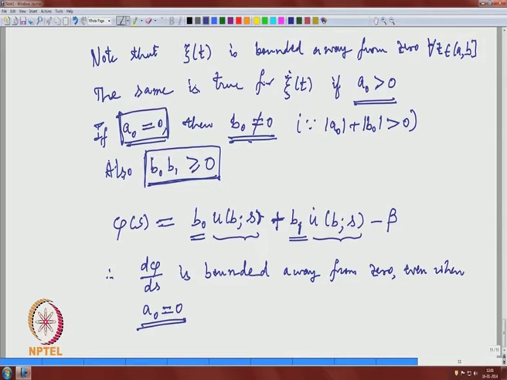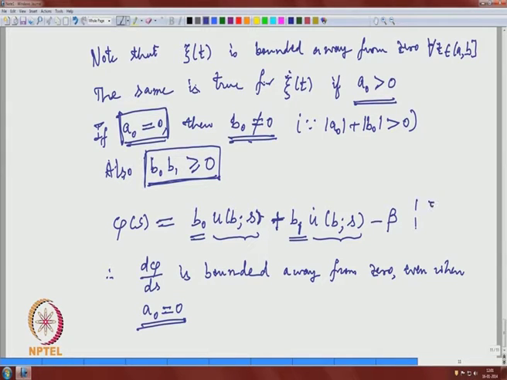There is a beta there with B0, and when I take the derivative with respect to s, that beta anyhow goes away. So, it is important that B0 and B1 have the same sign and B0 is not 0.